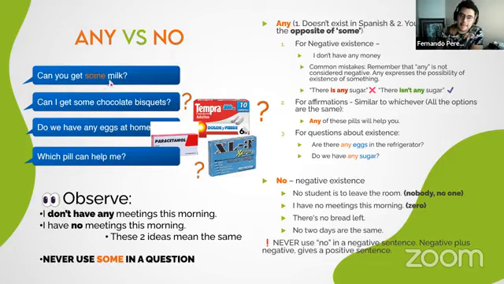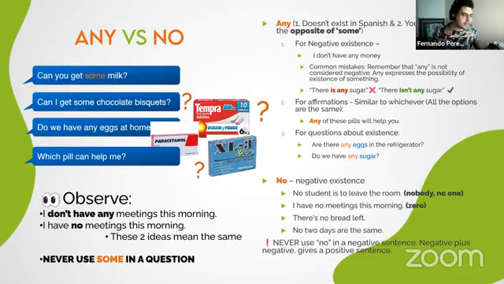Can you get some milk? Can I get some chocolate biscuits? Do we have any eggs at home? Look at the difference between some and any in this case. Are these questions or affirmations? Questions.